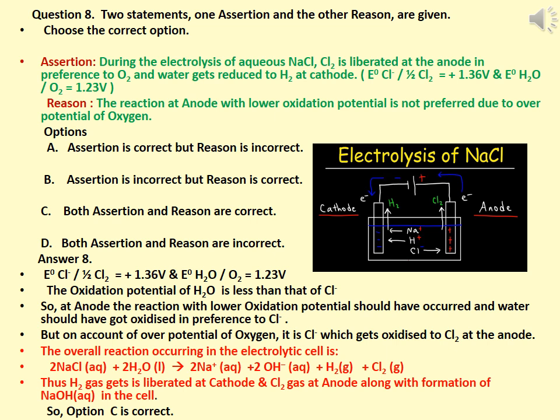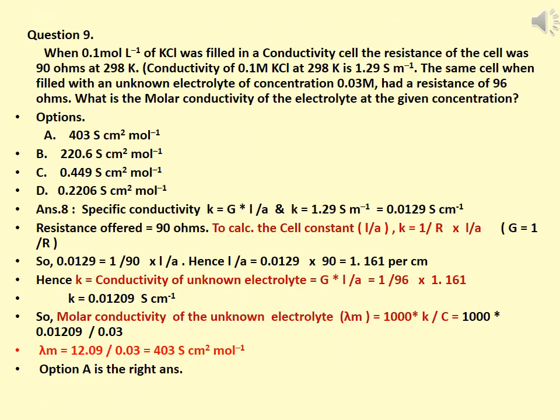And what is liberated at the cathode? Hydrogen gas. At the anode, chlorine gas. So, hydrogen gas gets liberated at cathode, chlorine at anode, alongside with formation of NaOH in the cell. Therefore, option C is correct. Both assertion and reason are correct. I have given a diagram of a cell showing electrolysis of brine solution, NaCl solution.